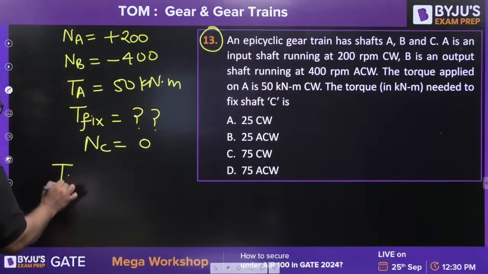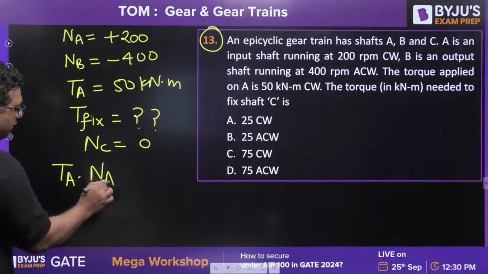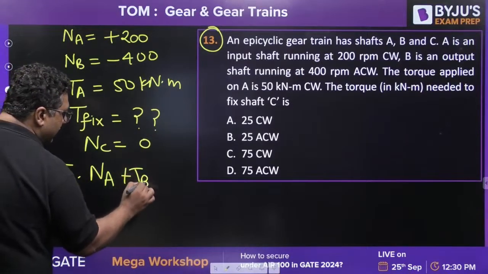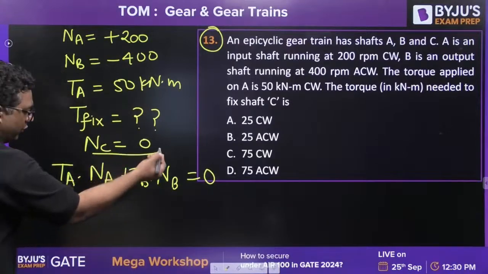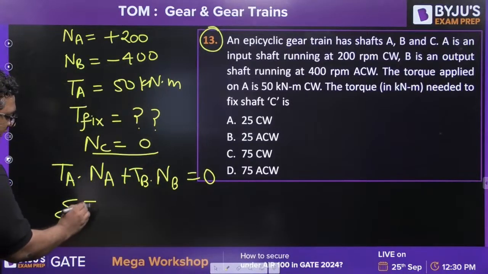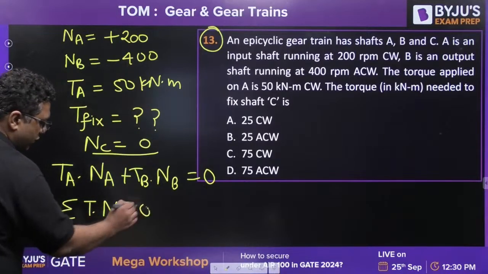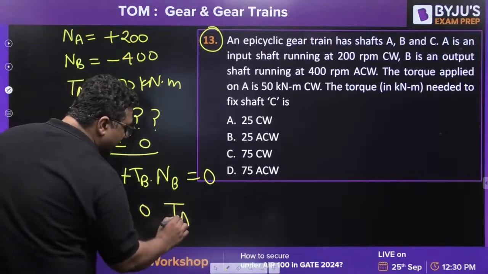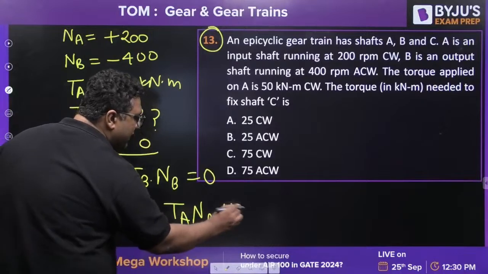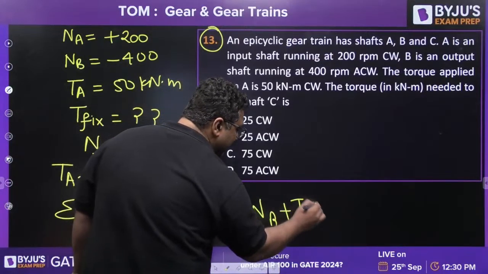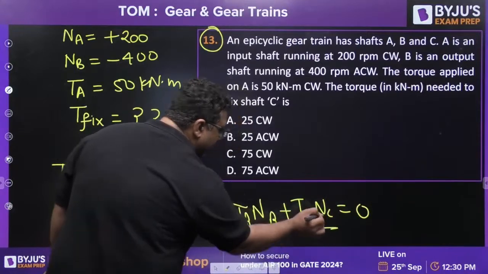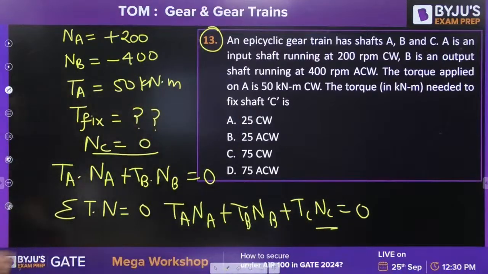So you can write TANA plus TBNB equals 0. Why? Because NC is 0. Otherwise the equation is T into N equals 0, so we can write TANA plus TBNB plus TCNC equals 0. Put NC as 0, you will get this equation.